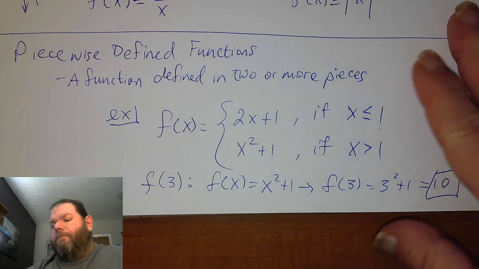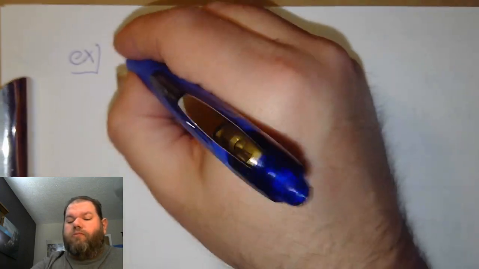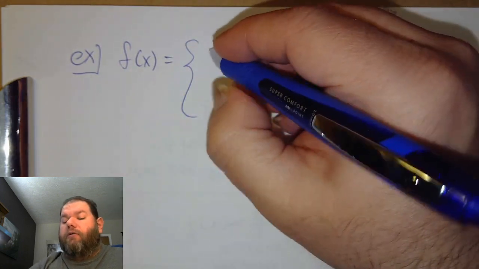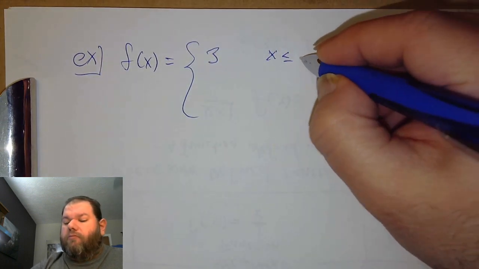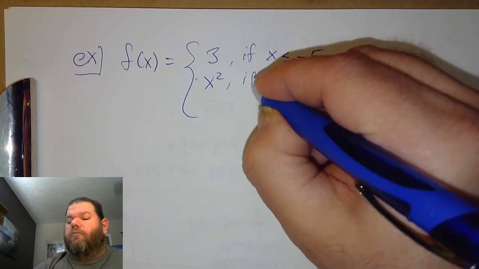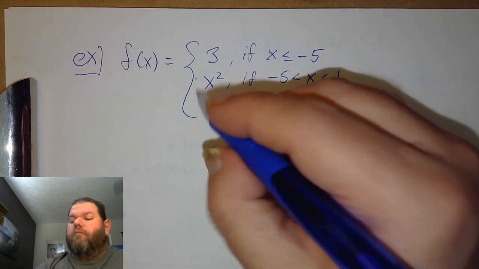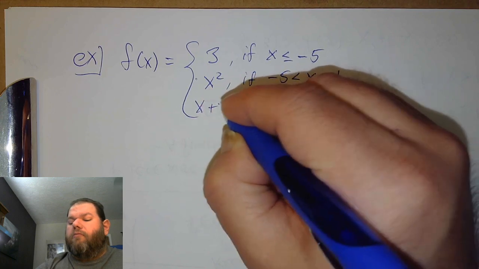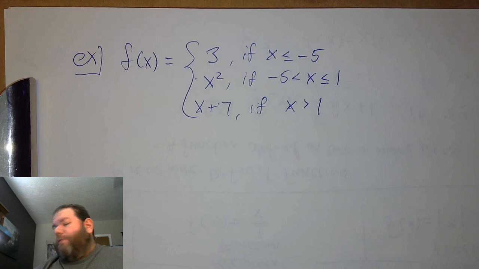Let's keep looking at these. F of x equals... Here we've defined a function in 3 parts.